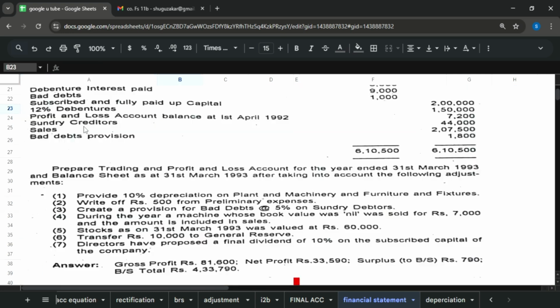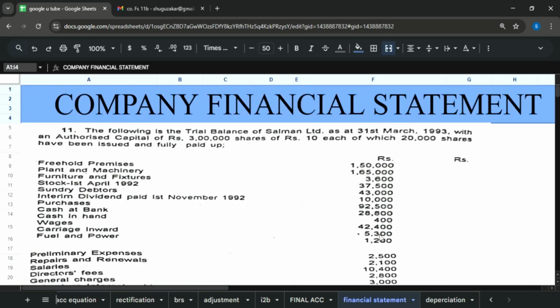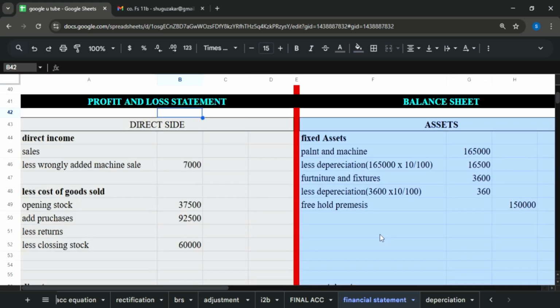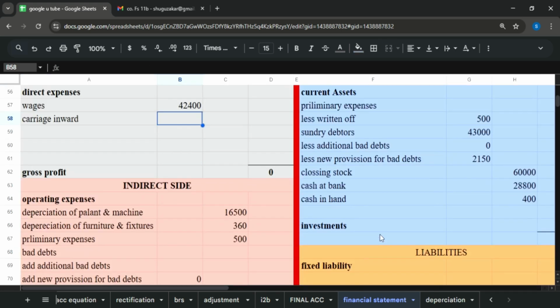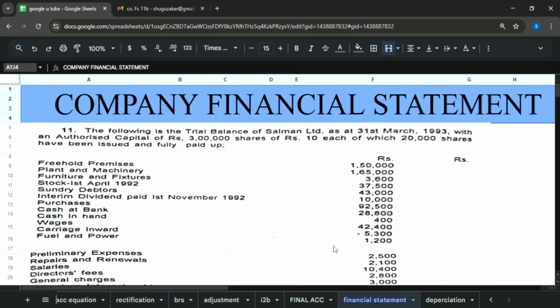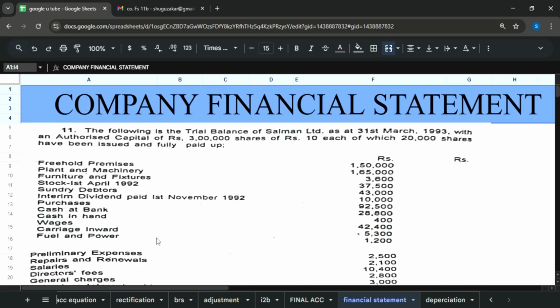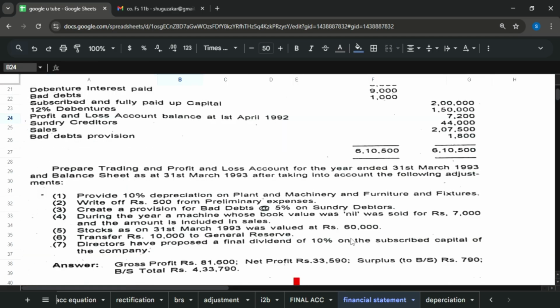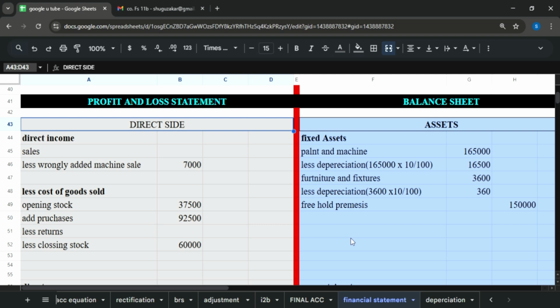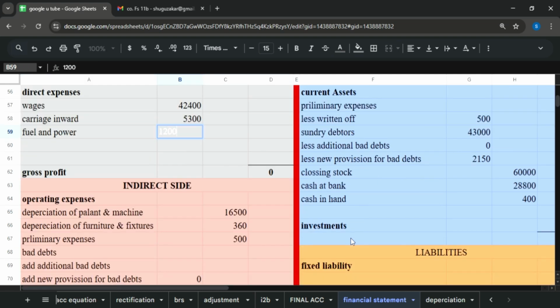Let's see, the amount of carriage inward is 5,300. Mention it on the direct side. After carriage inward we have fuel and power. Again the direct expense side. Here, fuel and power. The amount of fuel and power is 1,200. So let's mention it on the direct side.